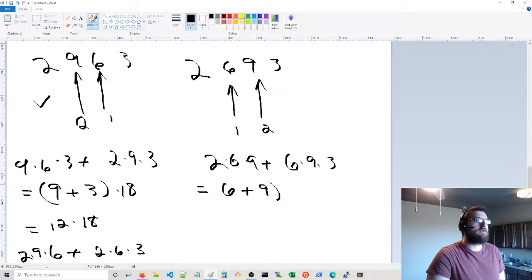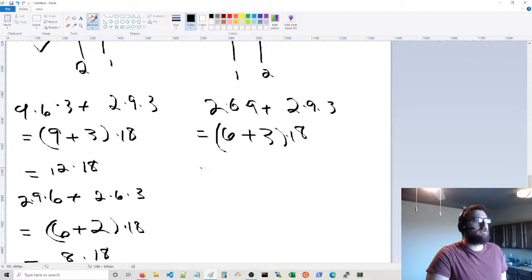Yes, 18, so 269 plus 293. 6 plus 3 is 18. That's a 9 times 18.